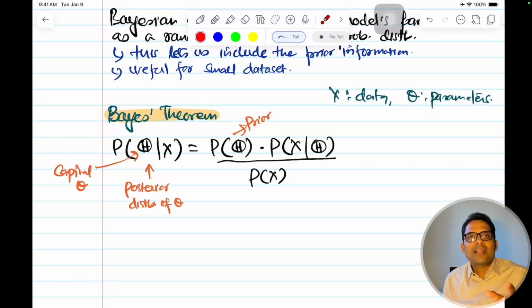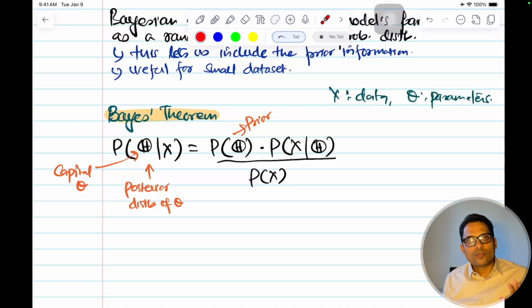For example, if I have a coin and I am tossing it, if it's a fair coin, then I will have a prior belief that it's fair. If it's an unfair coin, I will have a prior belief that it is unfair, and I will also have the notion of whether it's biased towards heads or biased towards tails. I can use that prior belief to model my parameter.